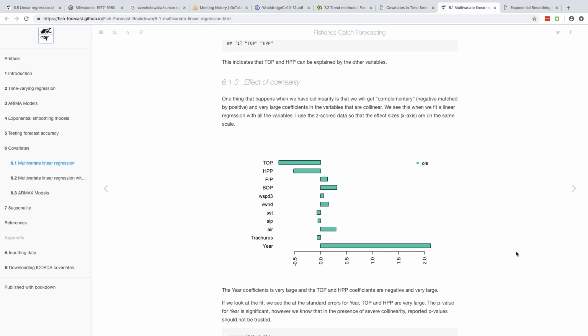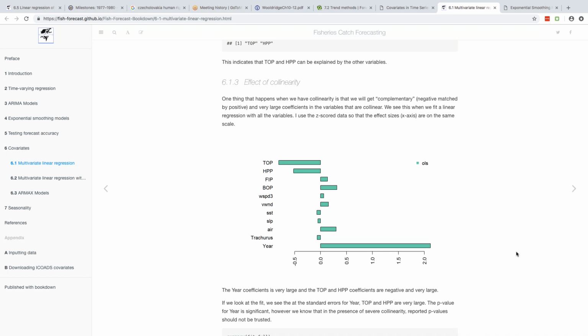Oh, okay. I should back up a little bit and tell you about the problem that happens with collinearity. This is an example where I'm trying to predict the anchovy catch based on a series of covariates: some environmental covariates, air and sea surface temperature, wind direction, and also some fisheries covariates, so horsepower, total number of boats, total number of fishers, year, and also another species.